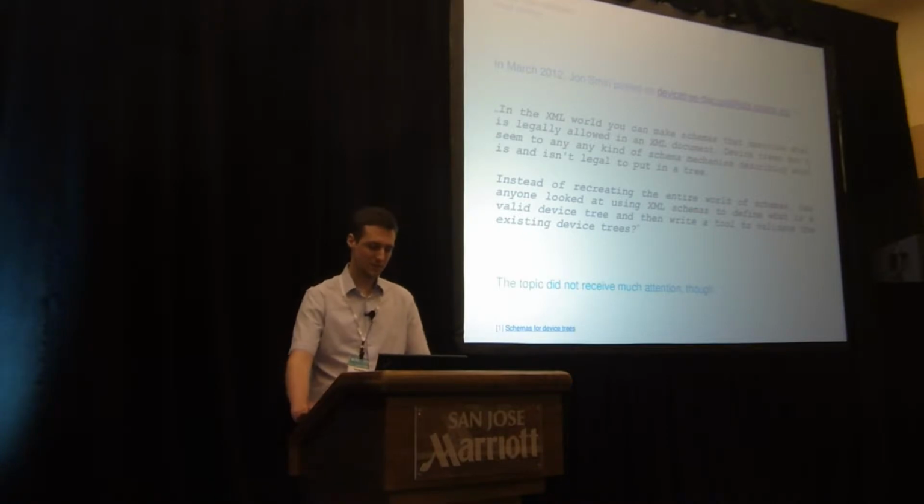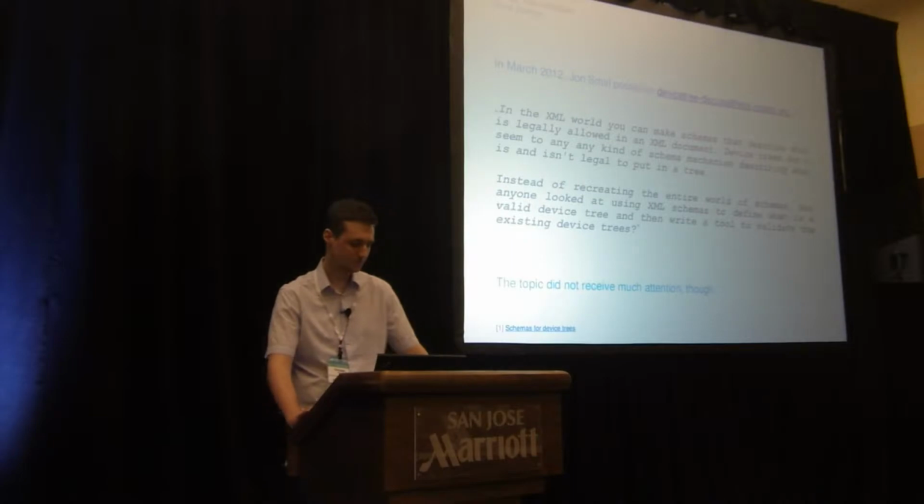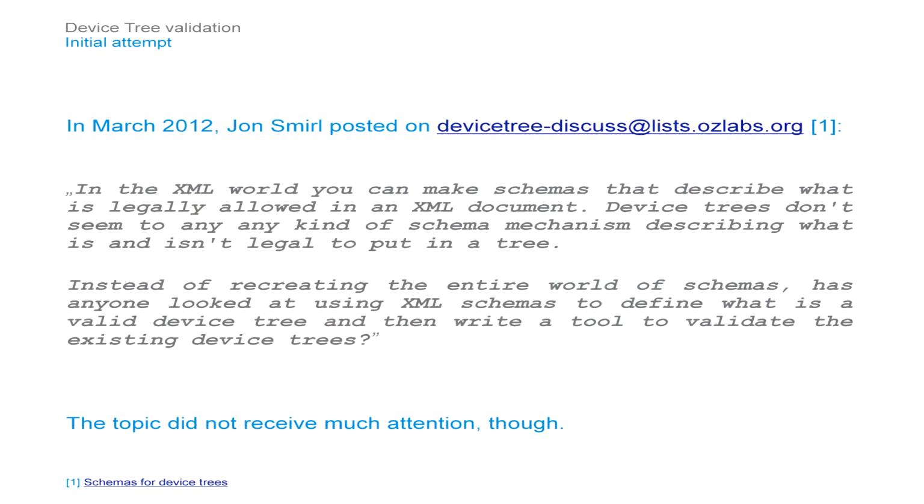And so, a need for this was already noticed in March 2012 by John Smurl, who started a thread on the device tree discuss mailing list. In the XML world, you can make schemas that describe what is legally allowed in an XML document. Device trees don't seem to have any kind of schema mechanism describing what is and isn't legal to put in a tree, he wrote.